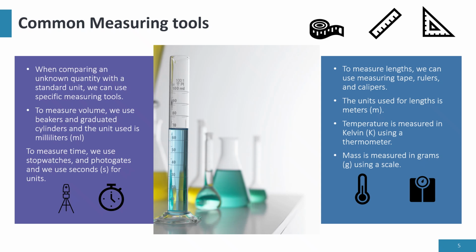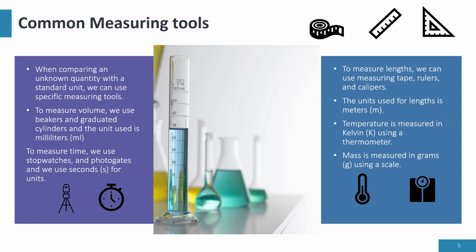in the hospitals, because everyone in the hospital must be using one clock for the whole building. To measure lengths, we can use measuring tape, rulers, and calipers. Of course, the unit for length is meters, and we're going to talk about that in just a minute, which is the metric conversions, or the conversions from one unit into the other.